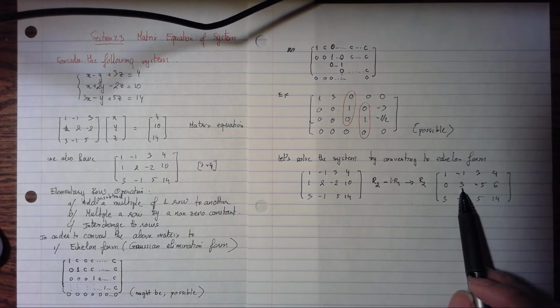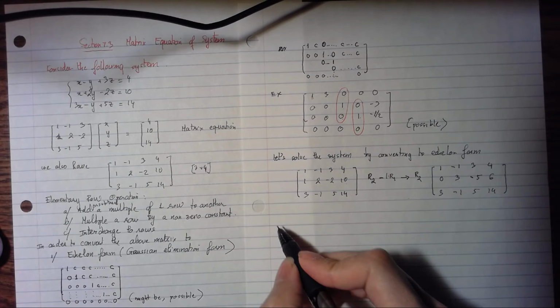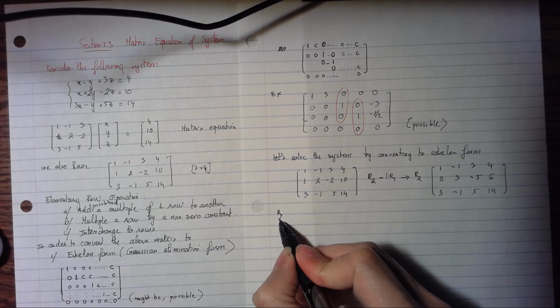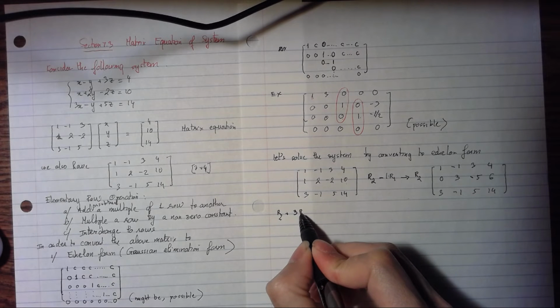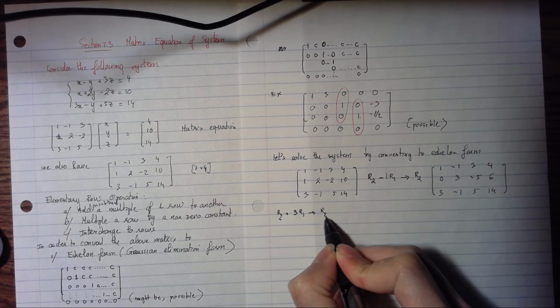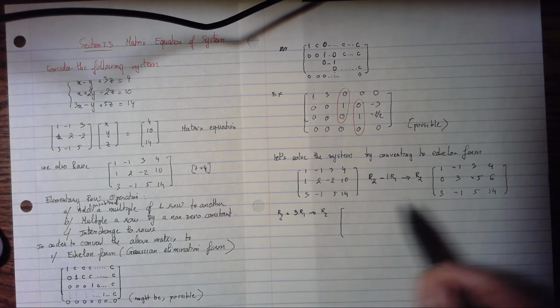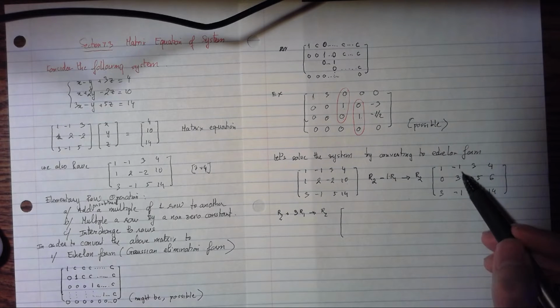It means you want to change row 2 again. You want to change this new row 2. So row 2 will be 3 plus 3 times row 1, right? Because 3 times row 1 will mean 3 times negative 1, which is negative 3, and negative 3 plus 3 is 0. But you don't want to get 0 here, you want to get 1.